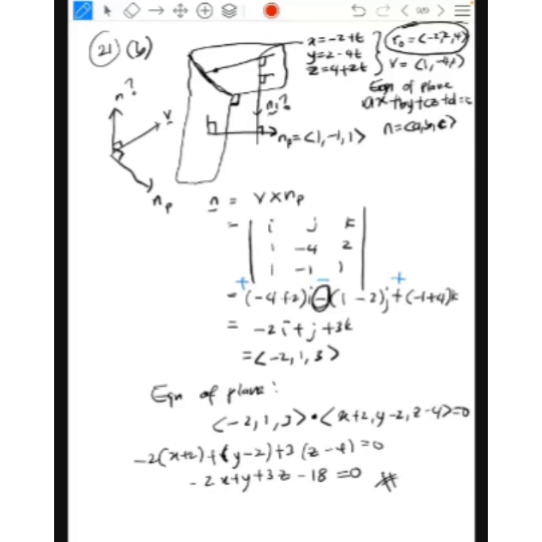Okay, this is 21B. Let's look into 21C. The plane through the point that is perpendicular to the line. Okay, you have a plane, and then you have a point here, which is 2, -3, 1, and then perpendicular. Perpendicular means 90 degrees. Okay, then you have a line here.